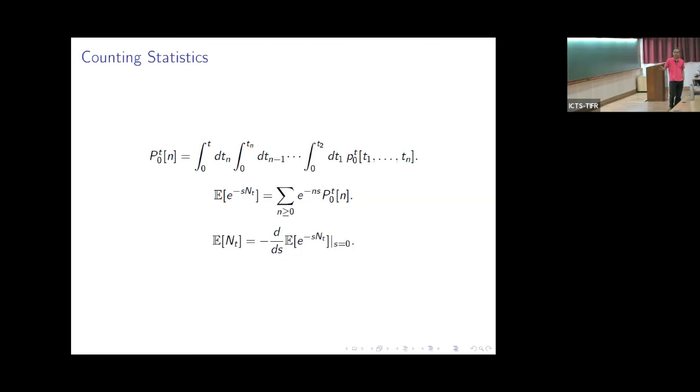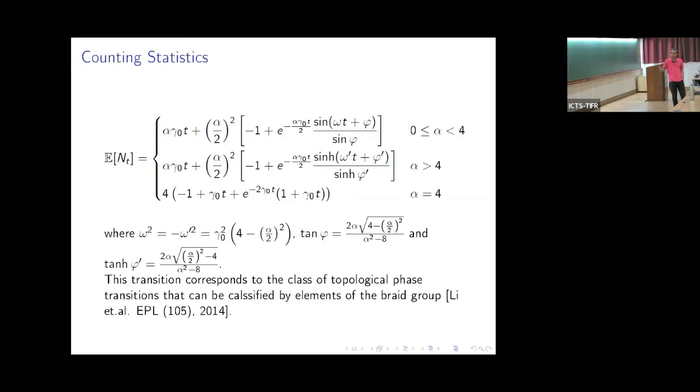So once we have that, then we can define the probability of exactly n clicks in 0 to t interval, which will be given by this. And then this is a standard definition of the moment generating function and the expected value of the mean count. So once again, I will not go into any details of the calculations, but I will just note here that the expected value of the mean count comes out to be these.